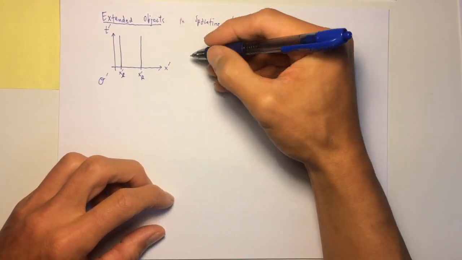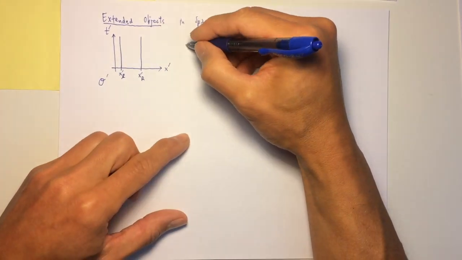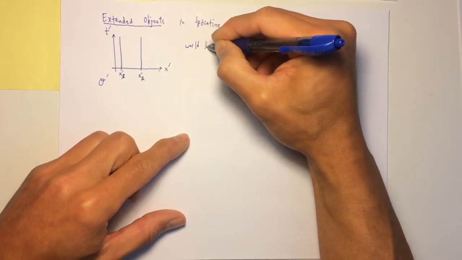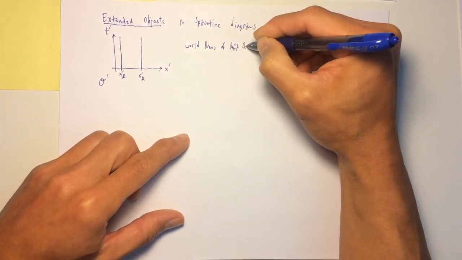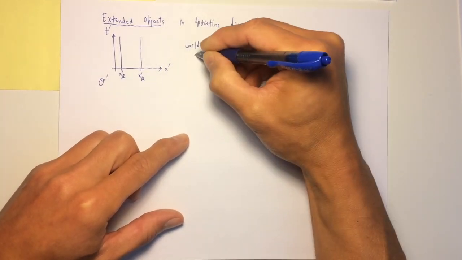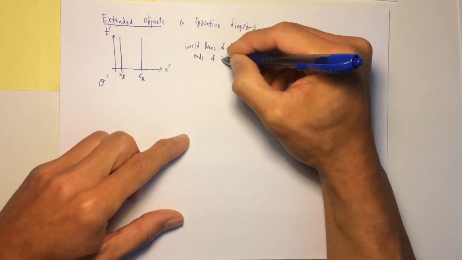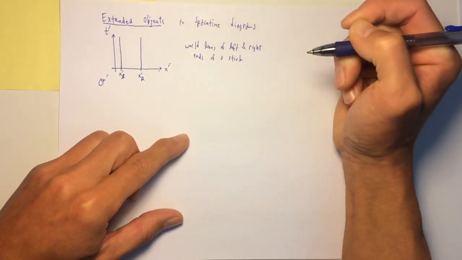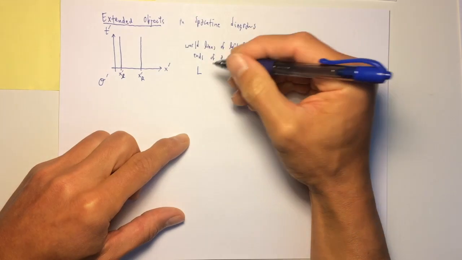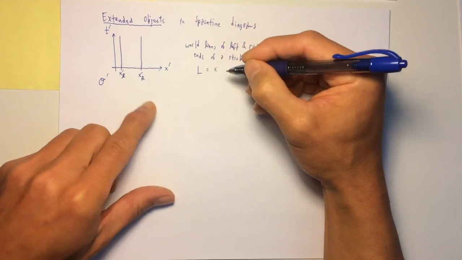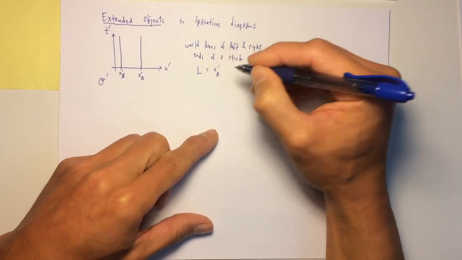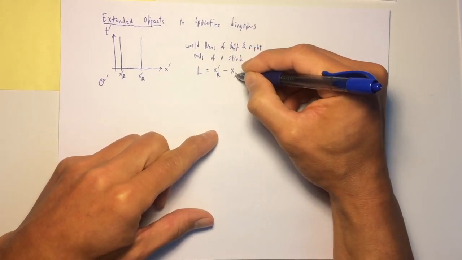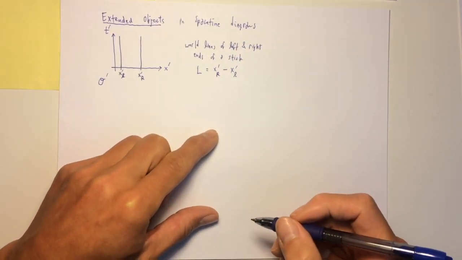So this is world lines of left and right ends of a stick. And the length of the stick is equal to, let's say that the right side end is the bigger value in x, minus xl prime.